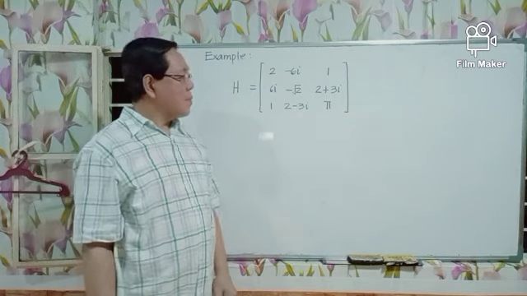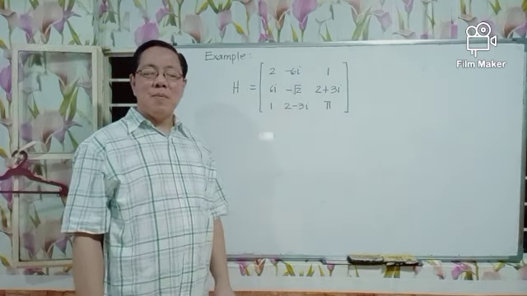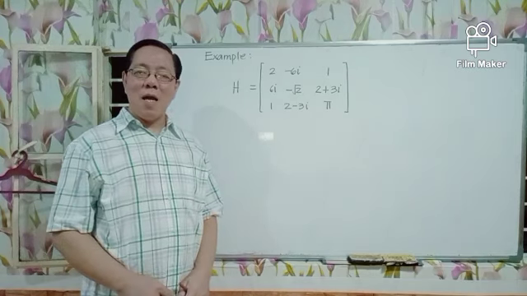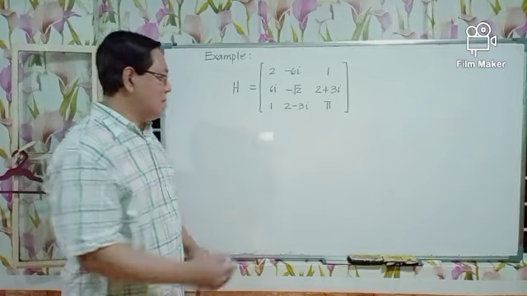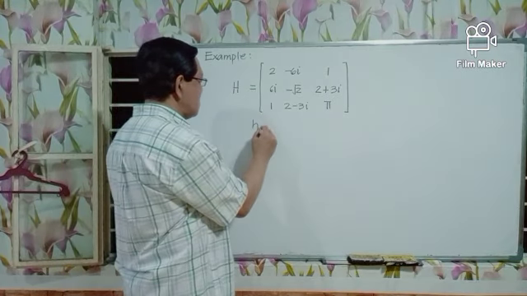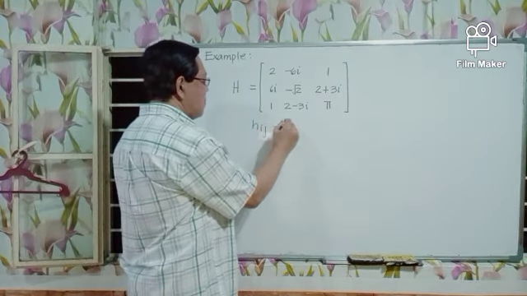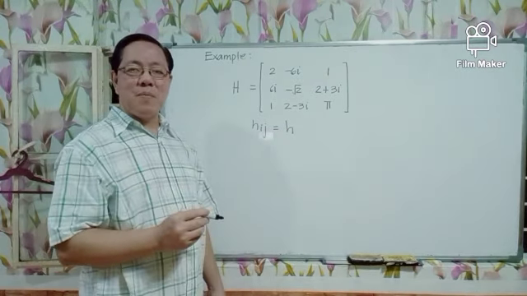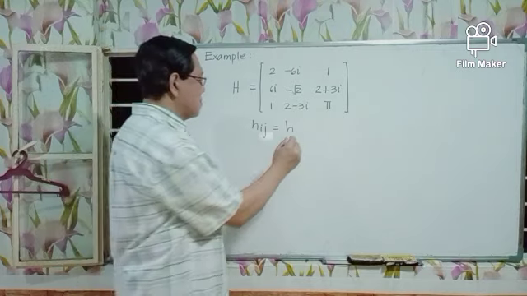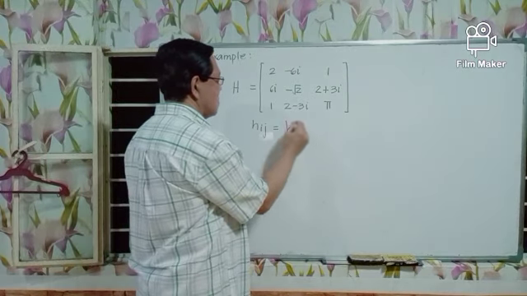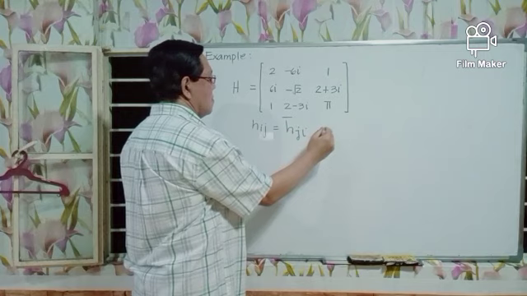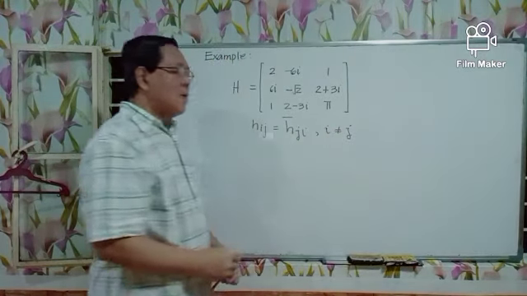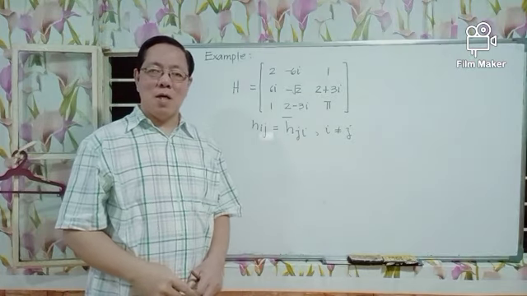Now, we check if this matrix satisfies the property that the entry H sub ij is equal to the conjugate of H sub ji for i not equal to j.